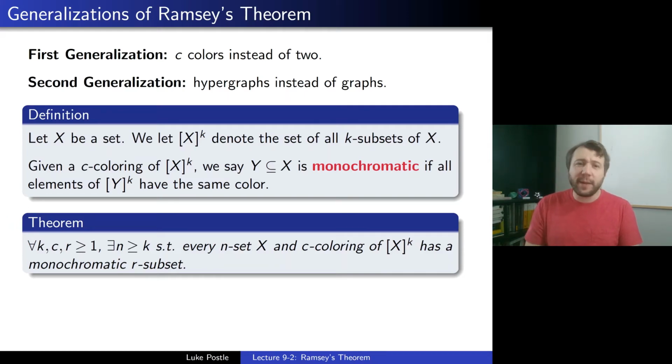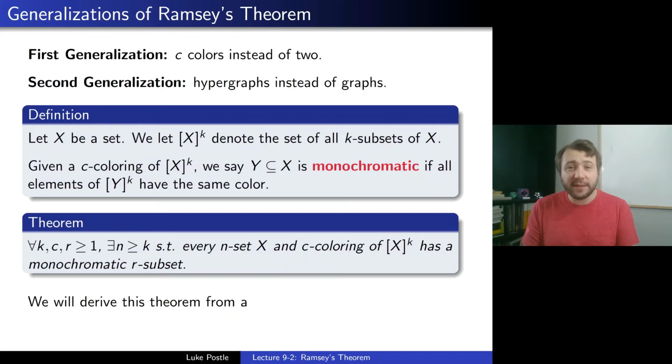Now you could do it basically as I laid out in the first proof we had of Ramsey's theorem. It'd just be a bit tedious, right? Because how do you choose the vertices? How do you go about doing that argument? And you could try to work out bounds as well, but it gets trickier. So instead of that, we'll do another very cool proof, which is to pass to a third generalization.